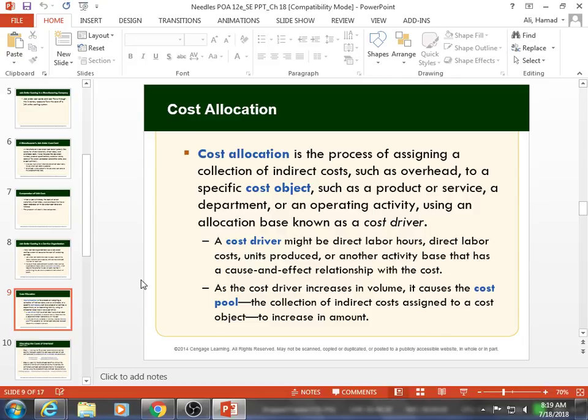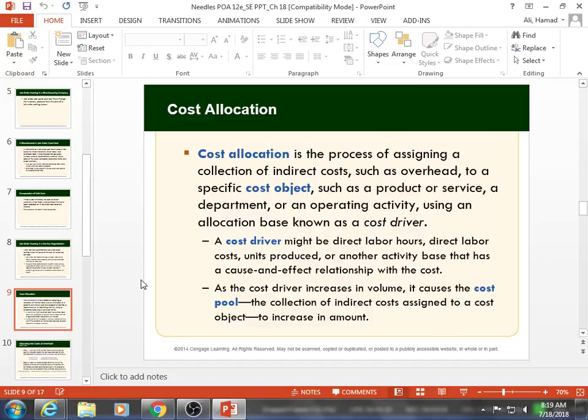Now, cost allocation. There is a difference between allocation and tracing. Direct material and direct labor don't need allocation; they are already known. The allocation you need is for the overhead, the costs that are not easy to identify.